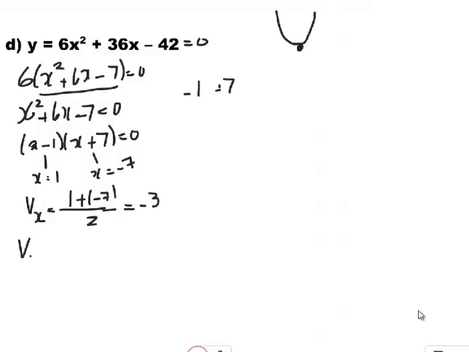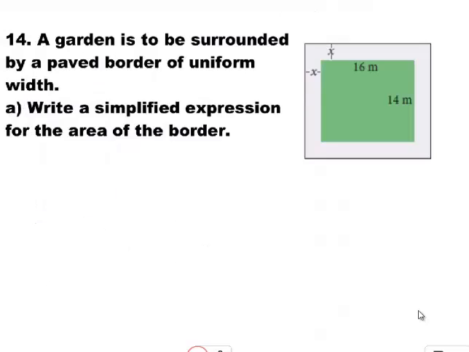So y is 6 times negative 3 squared plus 36 times negative 3 minus 42, and this is going to give me negative 96.